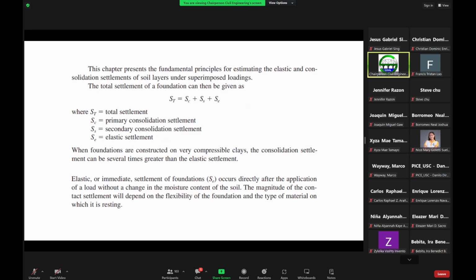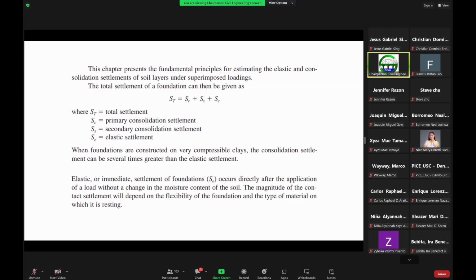Now, out of these three settlements, let's first discuss the elastic or the immediate settlement of foundations. That occurs directly after the application of a load without a change in the moisture content of the soil.